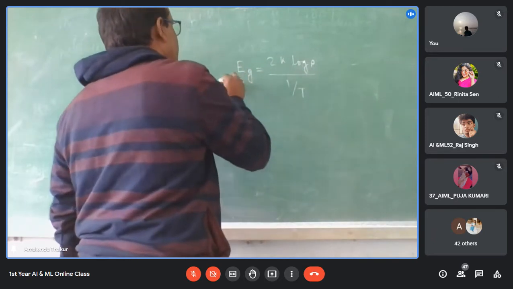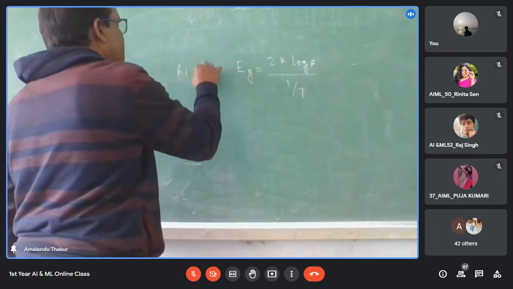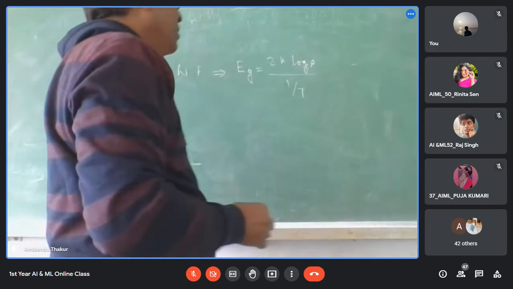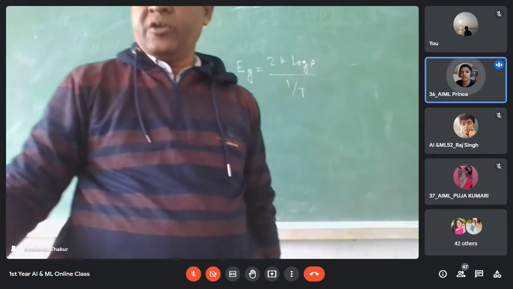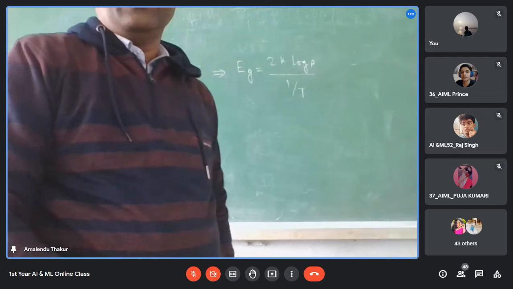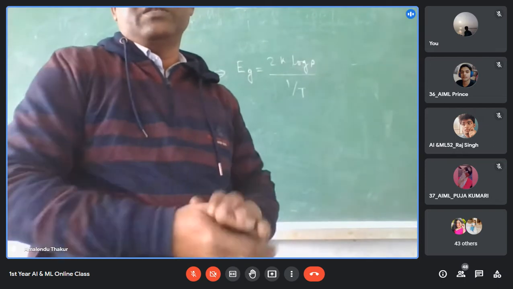This is the working formula to find out the band gap of the semiconductor. Eg means energy gap. Band gap means energy gap. Right, this is our working formula.